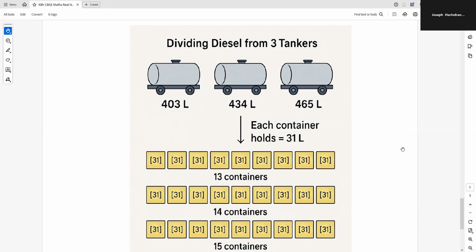And finally, 15 containers are required to fill the 465 liter tanker. When you add these 3 numbers, you get the total number of containers required to fill these 3 tankers in exact liters of 31. So we get the solution here. Hope you understood the solution. And that's the solution to this problem.